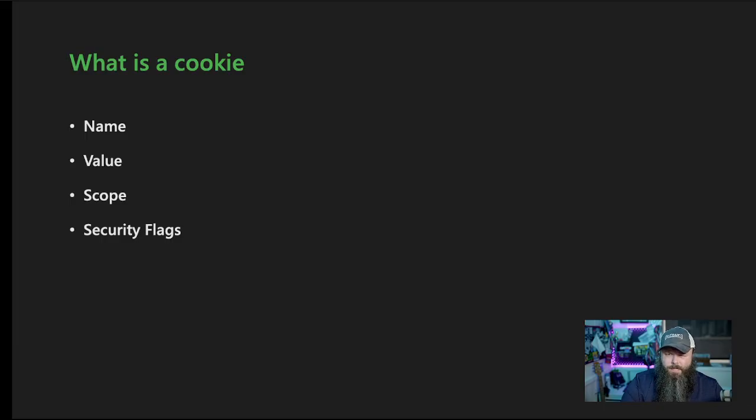One of them is HTTP only. HTTP only basically says that this cookie is only valid to be sent via HTTP. It cannot be accessed via JavaScript. That is one way we'll mitigate cross-site scripting, which we're talking about in class today, but we'll also talk about in these videos later this week. There's a SameSite flag, which indicates where we're allowed to send the cookie back to based on the domain.